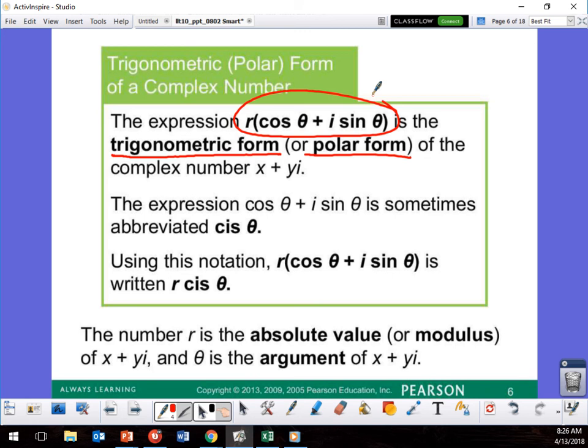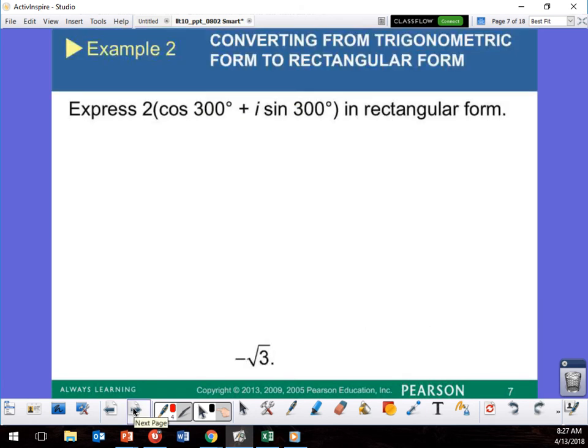It's also referred to as cosine I sine, CIS. CIS theta. You'll see it all the time, CIS theta. And in this form, it's R CIS theta. It's cosine I sine.